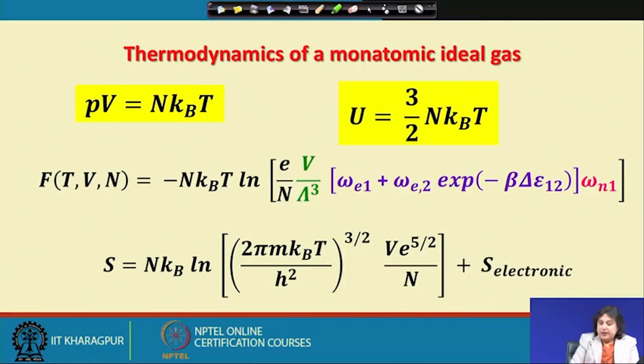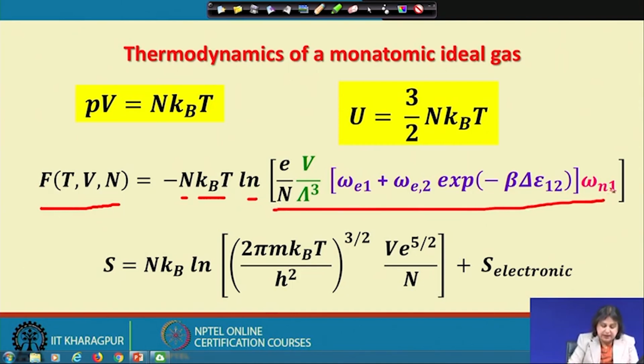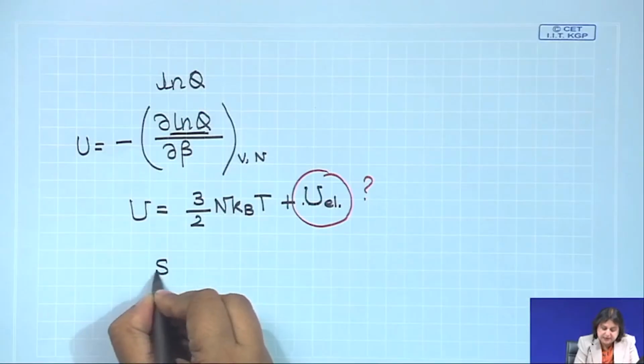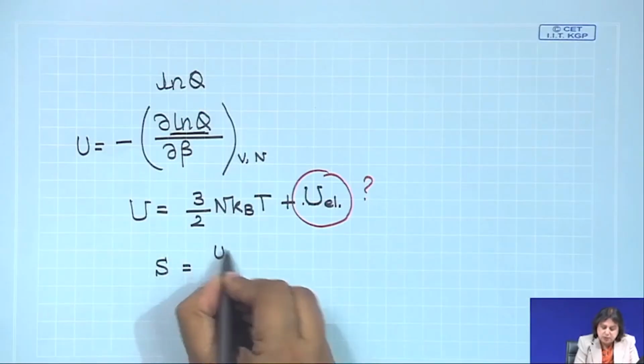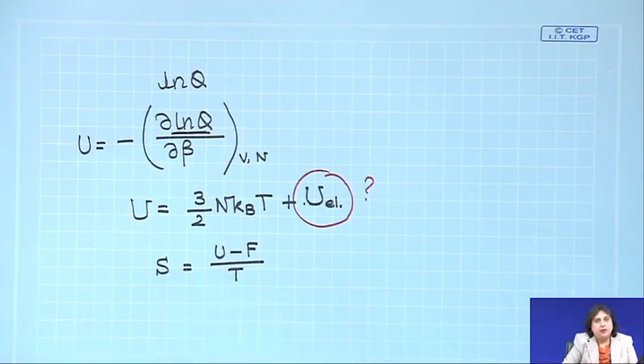Similarly, you can very easily write down straight away what the Helmholtz free energy is, that is nothing but minus NkT into ln of this capital Q. So, once I know U and F, I can very easily find out the entropy of the system as U minus F divided by T. Clear?